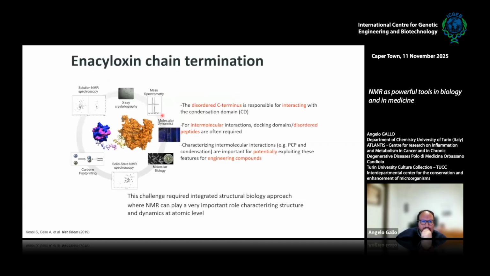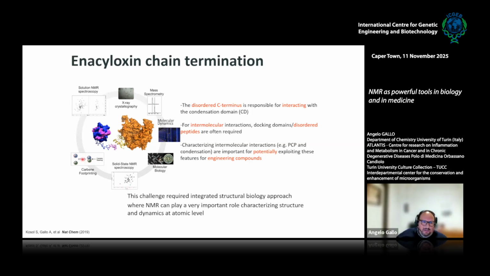So to conclude this part of the talk, we discovered that the C-terminus is responsible for the interaction. The intermolecular interaction involves a disordered part of the protein and a smaller part in the first step of the C15. And we need to combine several techniques because there is a bit of X-ray in terms of C15. There was mass spectrometry, molecular dynamics, molecular biology.